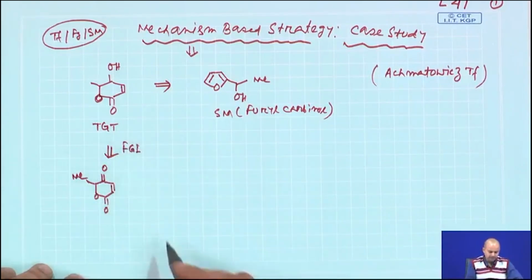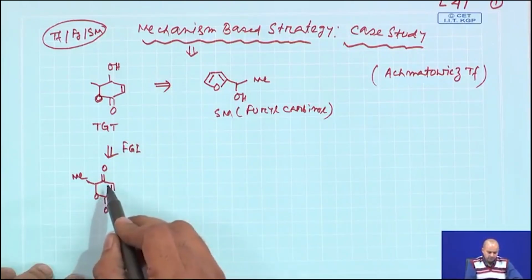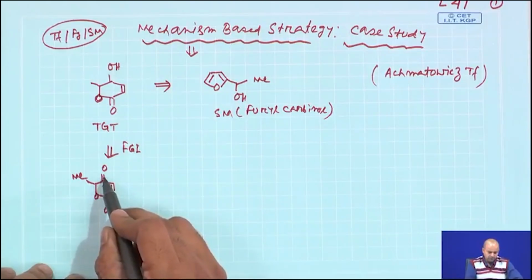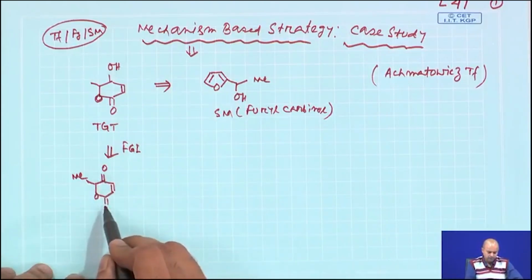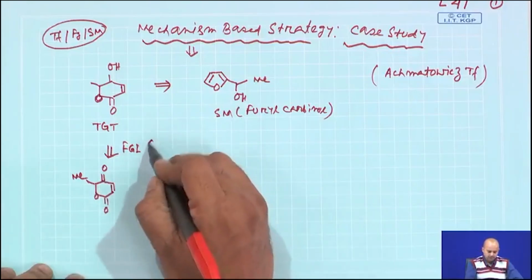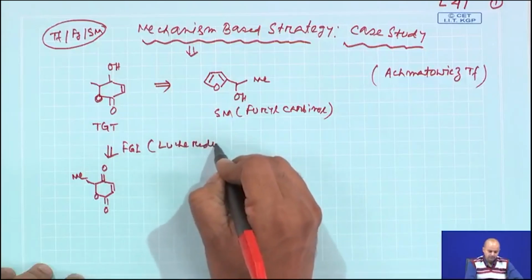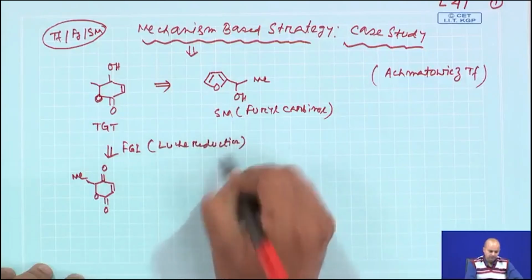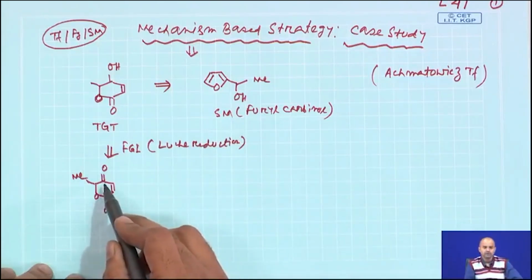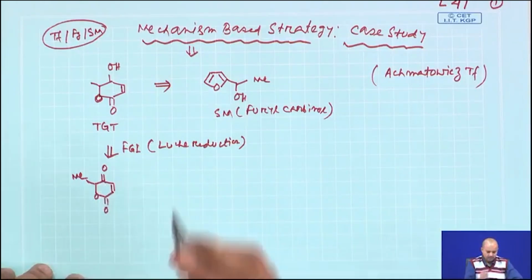You basically have an alpha beta unsaturated ketone as well as a lactone, and this ketone probably you can reduce with a mild reducing agent which you already discussed, maybe a Luche reduction. So, Luche reduction only touches the alpha beta unsaturated ketone. These things we already discussed.